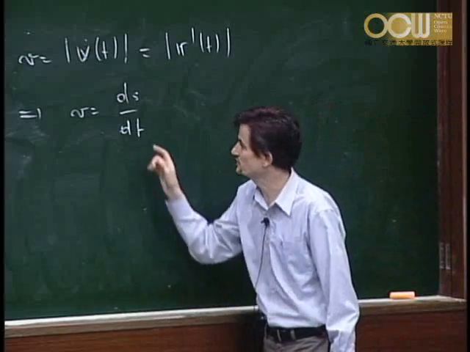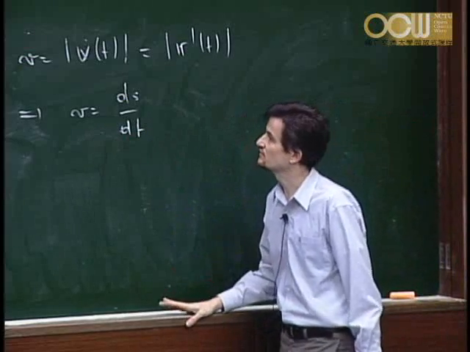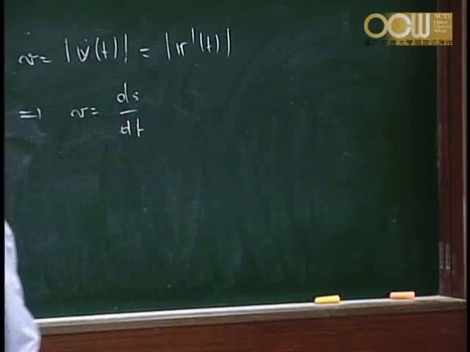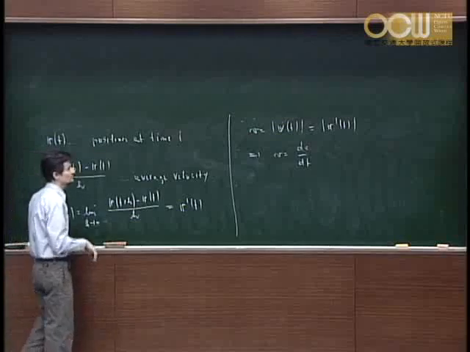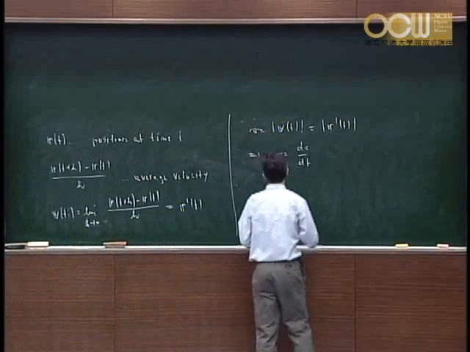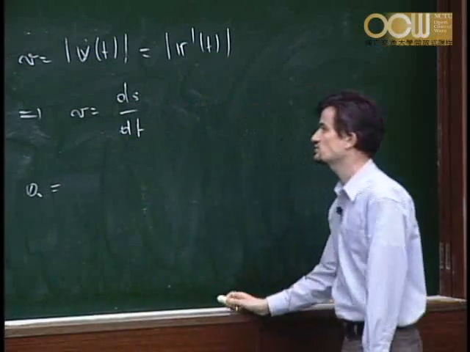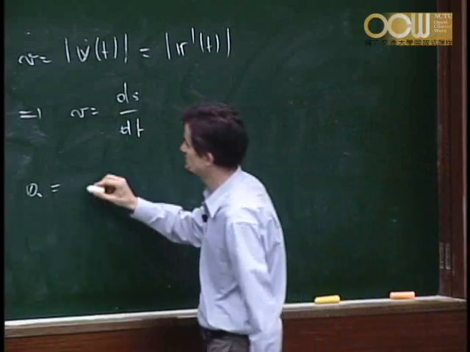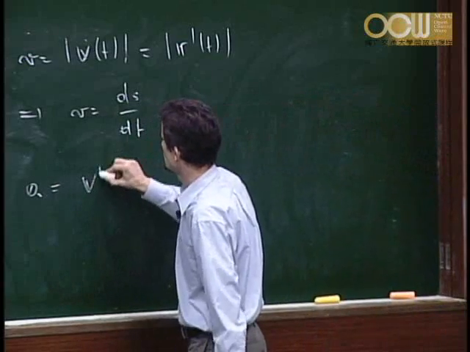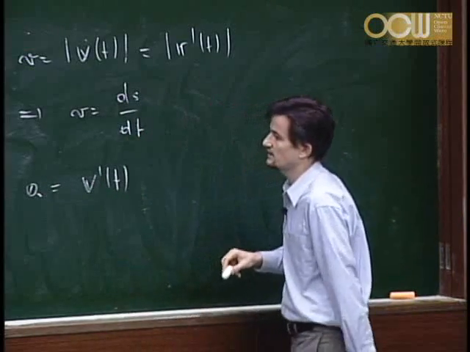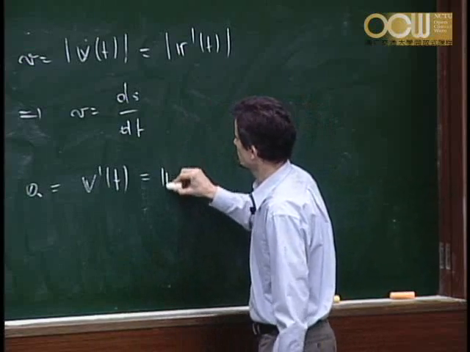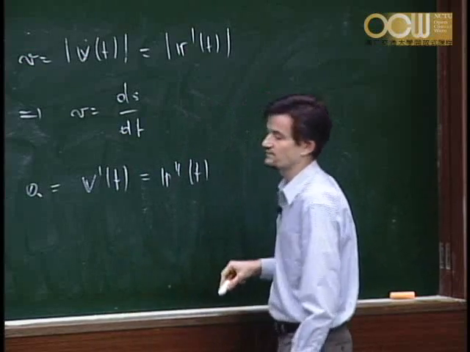So it makes sense to define the speed as the absolute value of the derivative. And you can also define the acceleration, which is directed and is nothing else but the derivative of the velocity function, or the second derivative of the original position function.